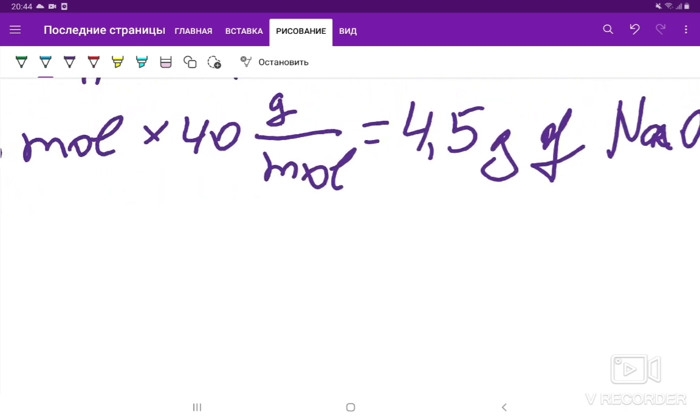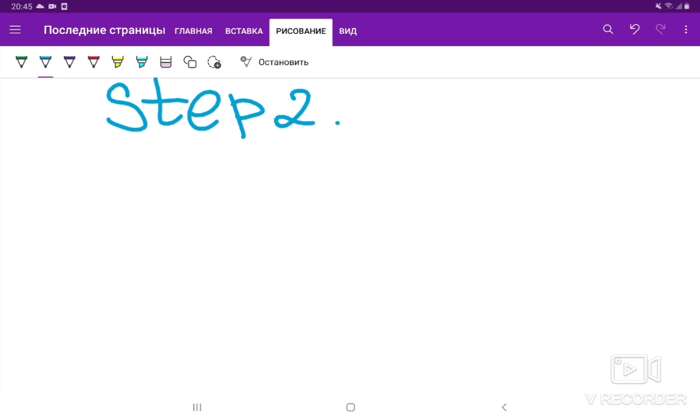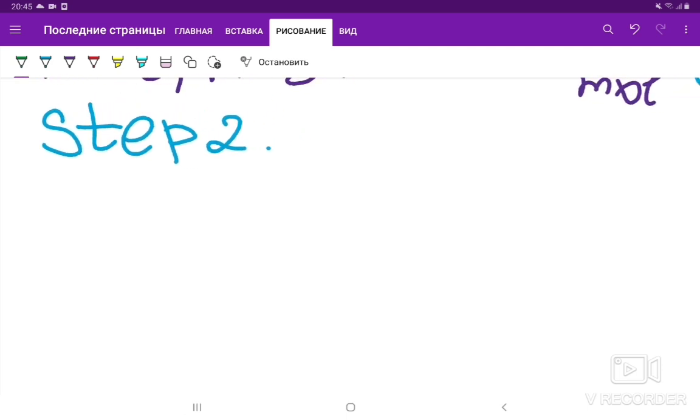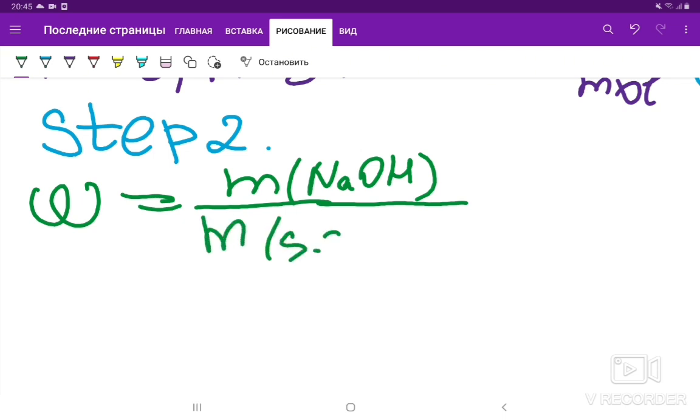We found that we have 4.5 grams of sodium hydroxide. These 4.5 grams make up 40%, because it is given that in the stock solution we have 40% of sodium hydroxide by weight. So let's find the mass of the solution. We know that omega is equal to the mass of sodium hydroxide divided by the mass of stock solution, multiplied by 100%.